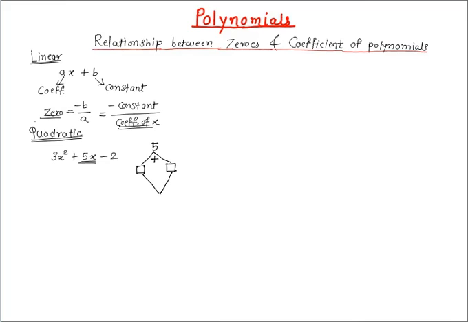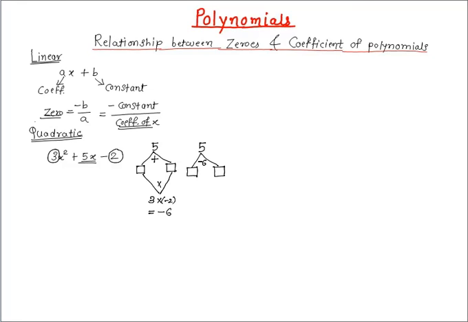And when the two numbers are multiplied, we get the product of the coefficient and the constant. That is, in this example, we have coefficient as 3 and constant as minus 2. So we should get minus 6 as the product. In simple words, we need to split middle term 5 in such a way that the addition of the numbers should be 5 and the multiplication of these numbers should be minus 6.